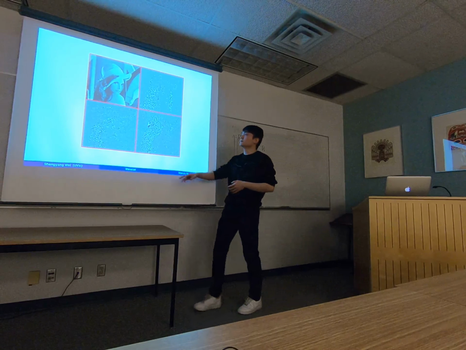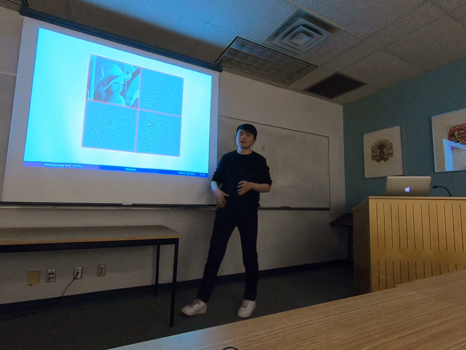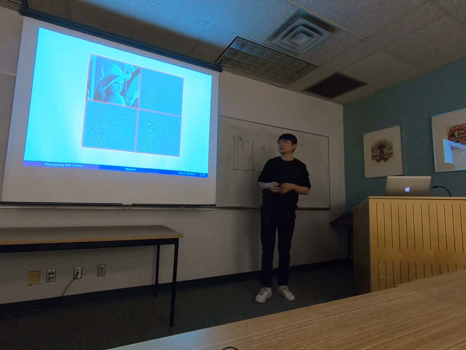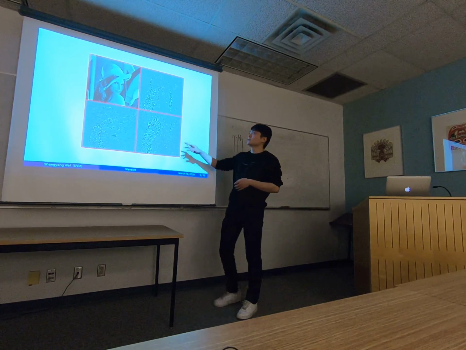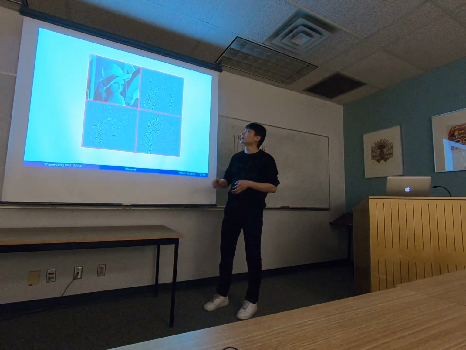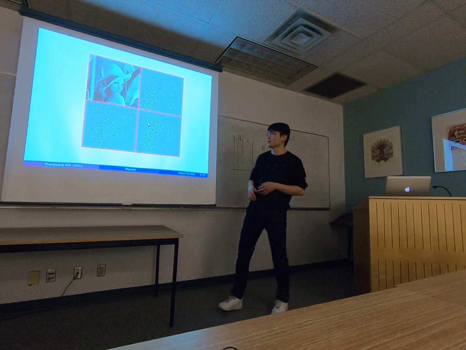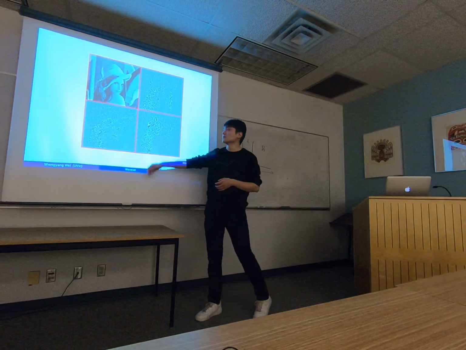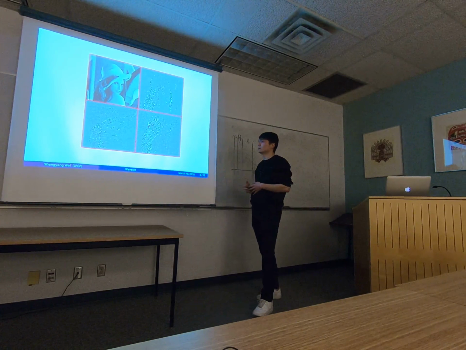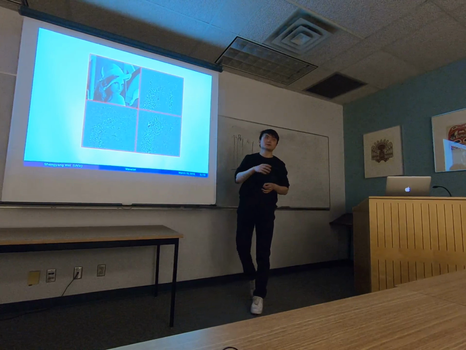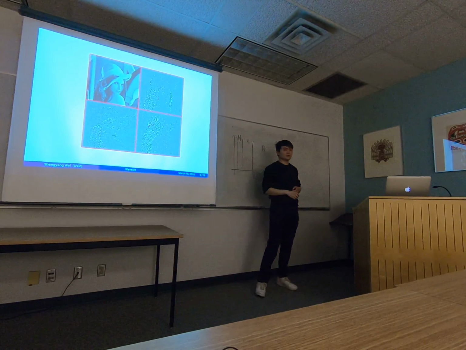This is the basic frequency information of the input image. This part is the horizontal details, and this part is the vertical details. And this is the high frequency information along each row and column, so the diagonal.